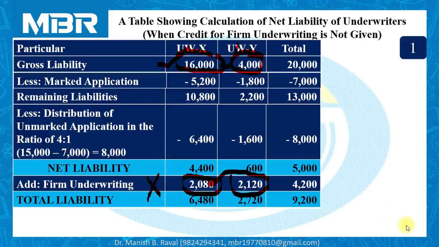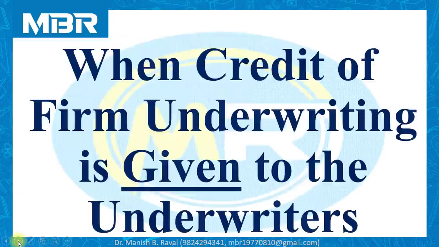It is also necessary for all of you to remember this rule, because this will lead you to full marks in the final examination. After understanding the calculation of total liability when credit for firm underwriting is not given to the underwriters, let us move to the second option or second situation.